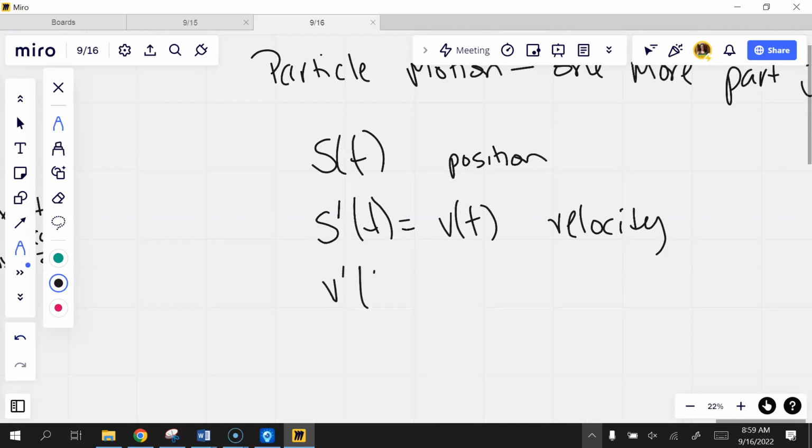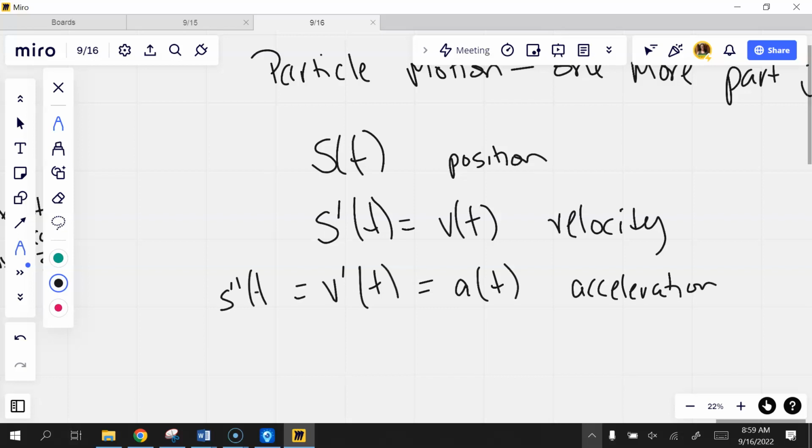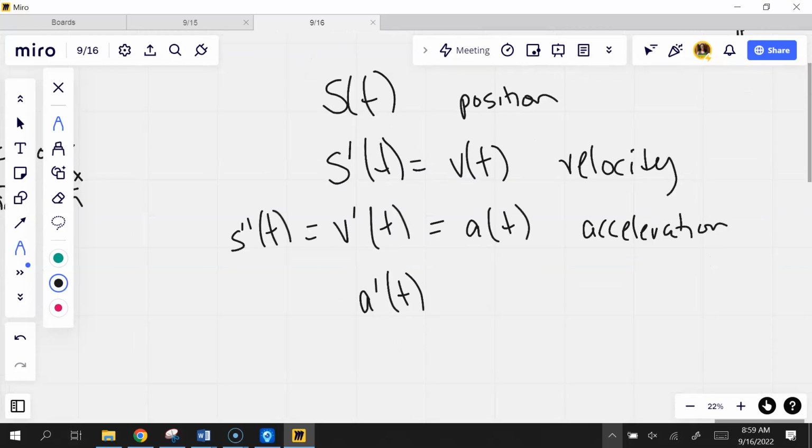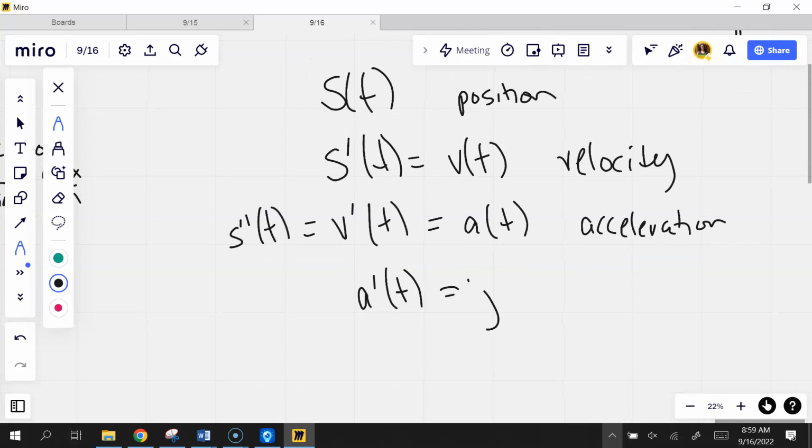Acceleration. So that's really the second derivative of position, right? What does the derivative of acceleration give us? Something you don't know yet, but you're fixing to. It gives us jerk. It's a J.